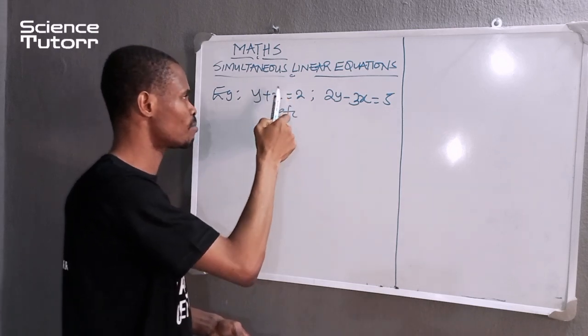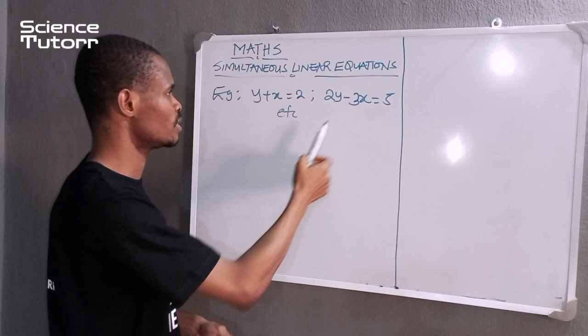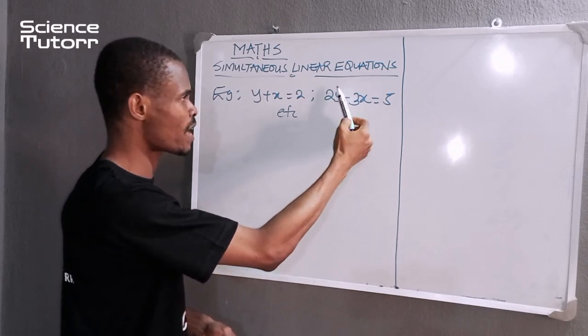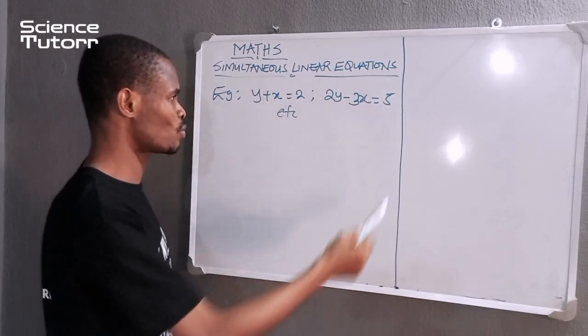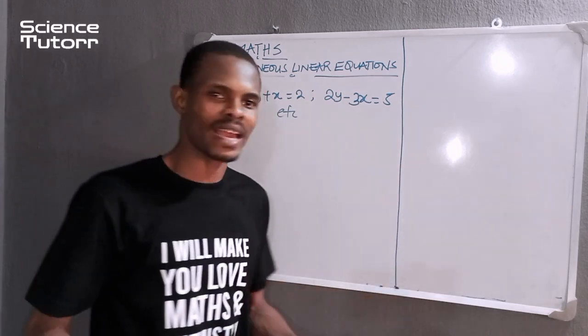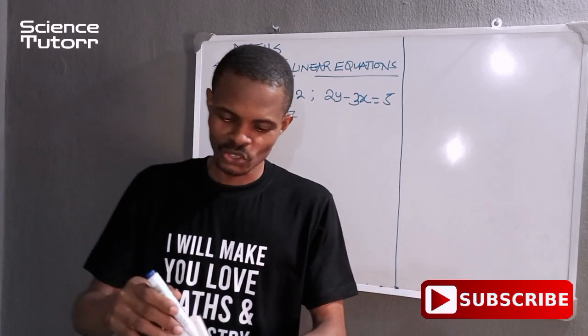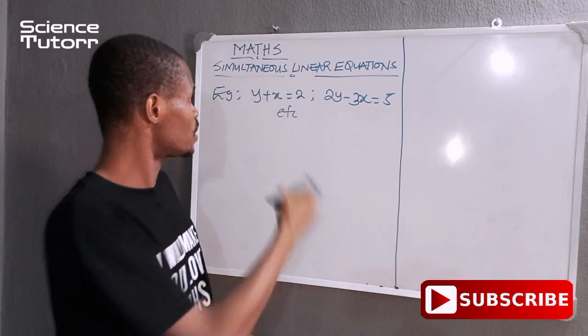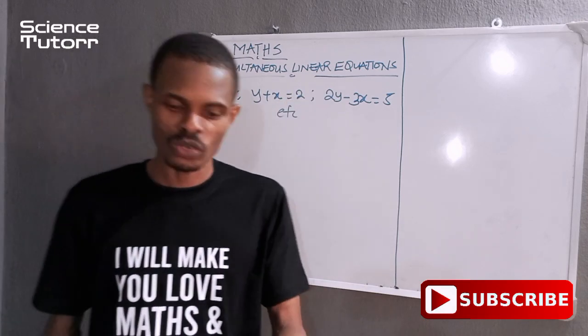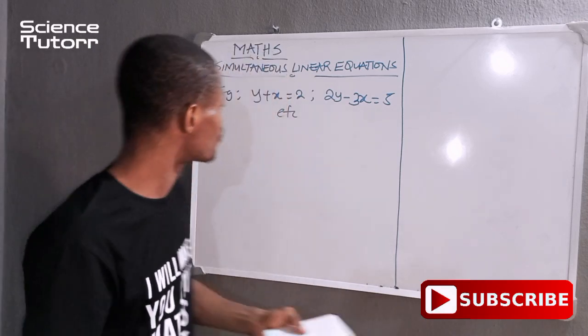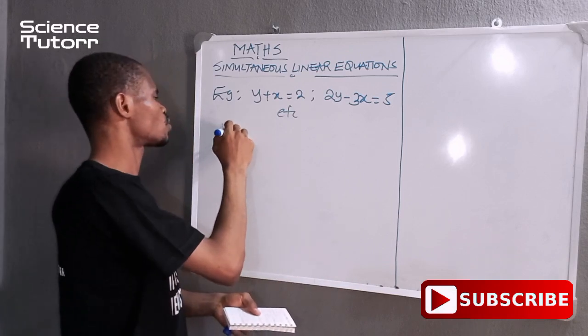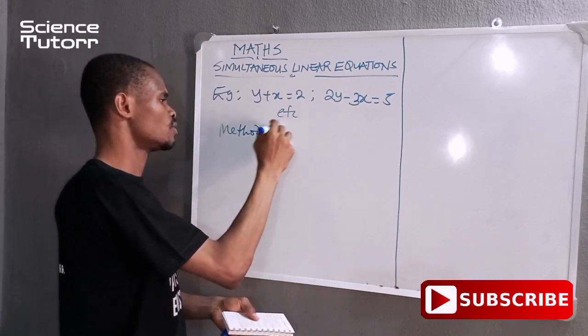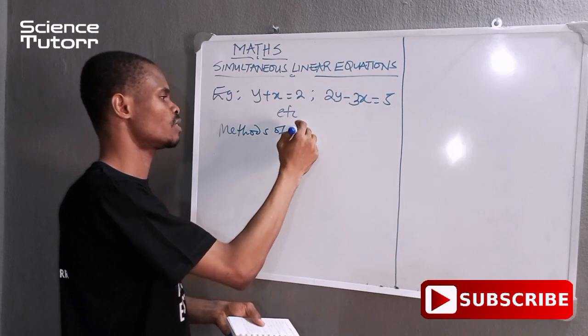So 1 simply makes it a linear equation. 2y, the coefficient of y is raised to power 1, x is also raised to power 1. So equations like this, how do we solve such an equation involving two unknowns is what we want to look at. So we have various methods of solving simultaneous linear equation.